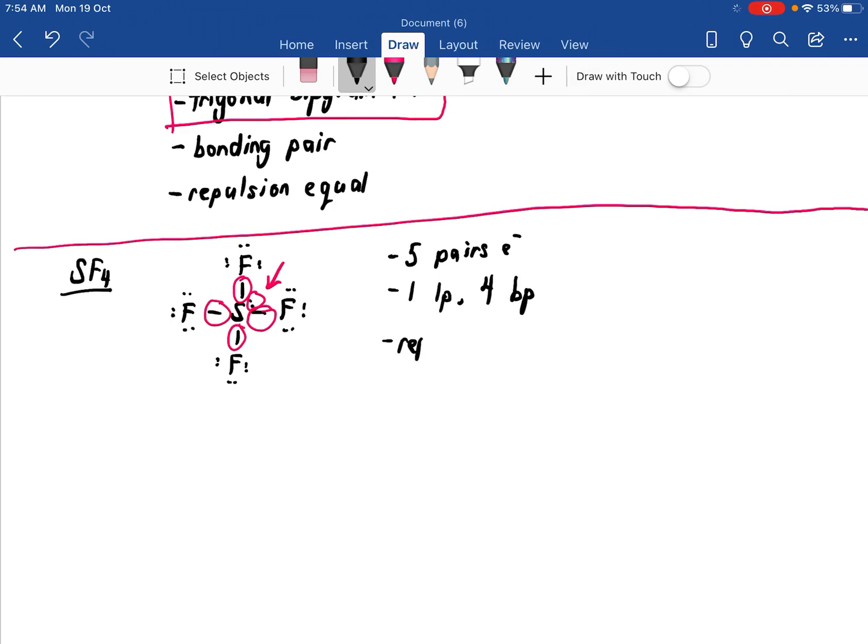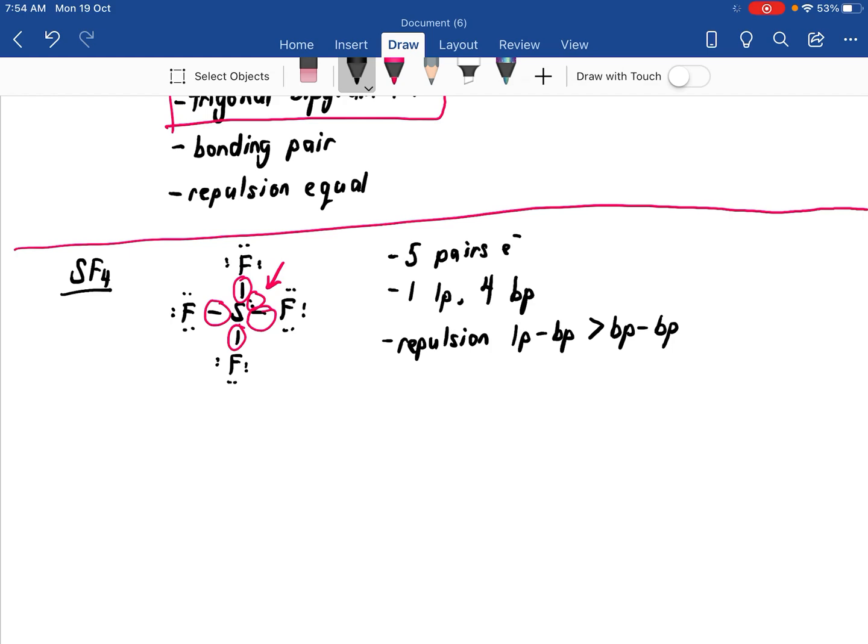So according to VSEPR, the repulsion between lone pair and bonding pair electrons is much stronger compared to bonding pair and bonding pair electrons.